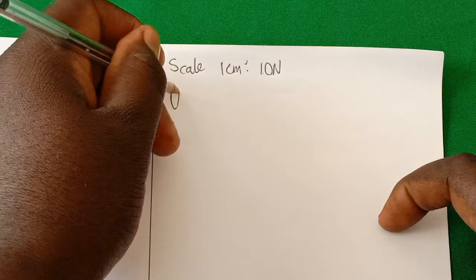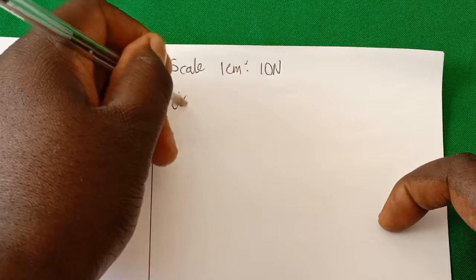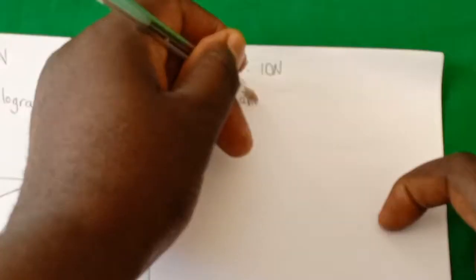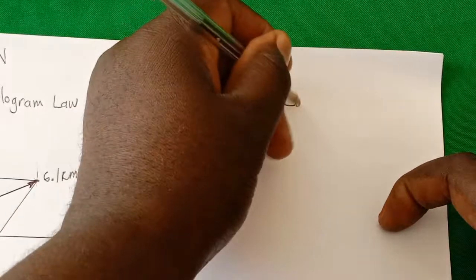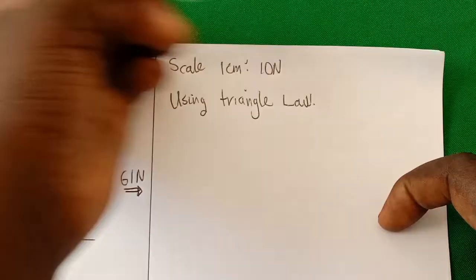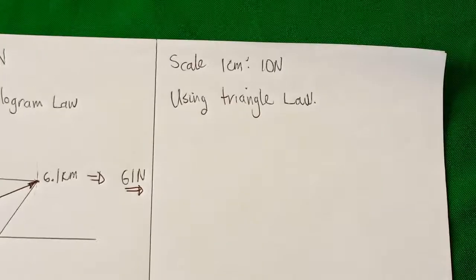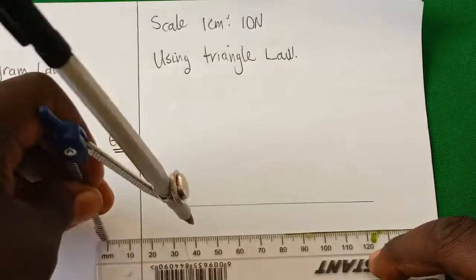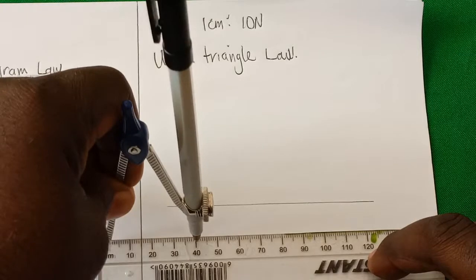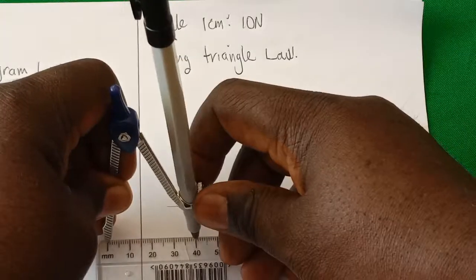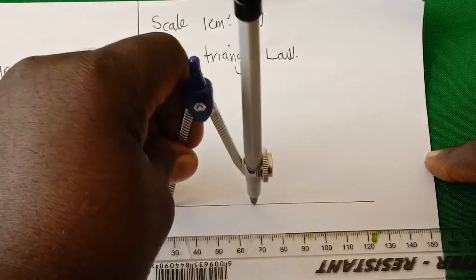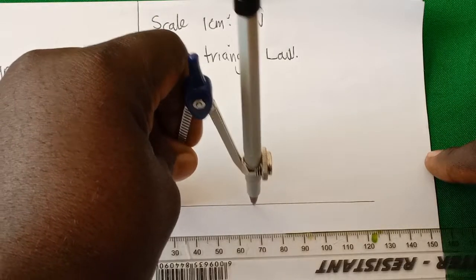Now, using the triangle rule, remember we said that the vectors have to be drawn head to tail in this one. So I already have my baseline. I open my compass to 40 millimeters, which will be 4 centimeters and 40 newtons. Then I describe an arc right there.